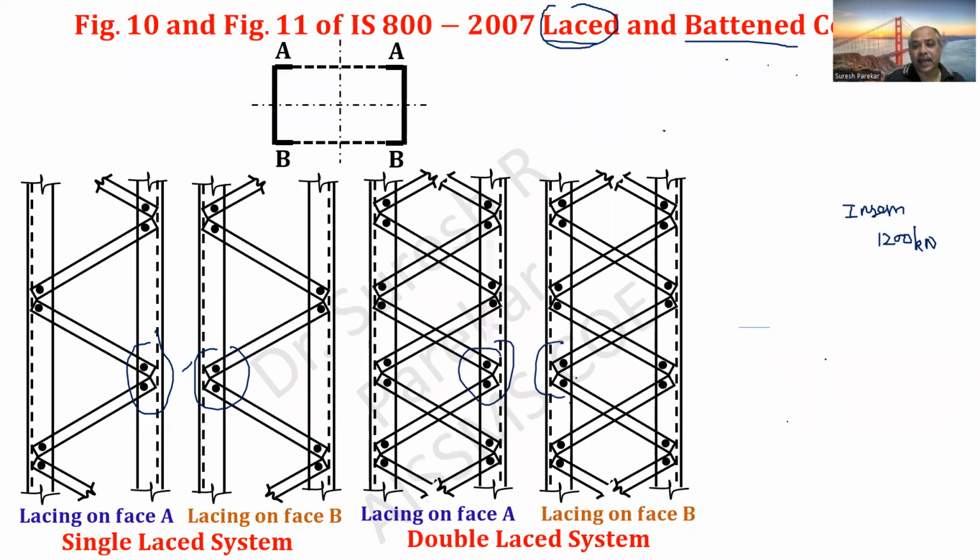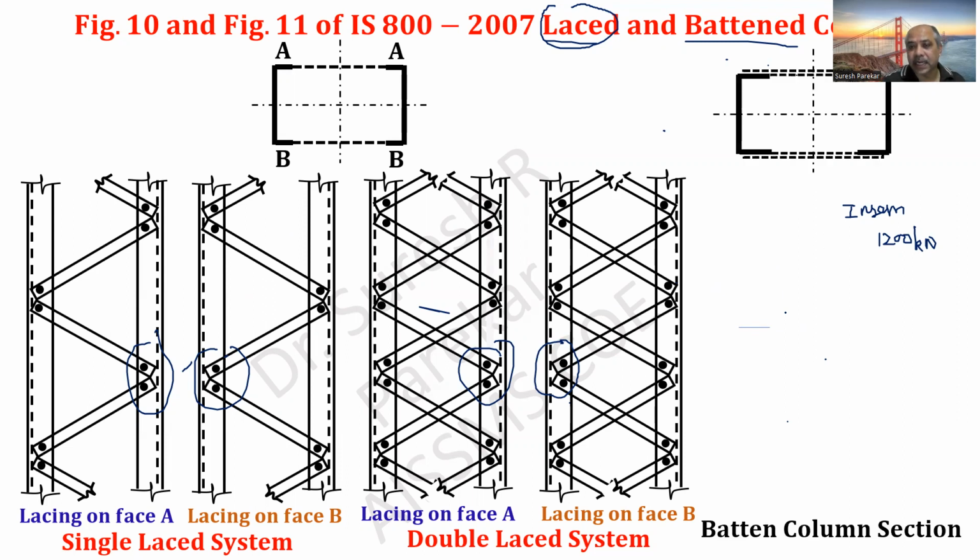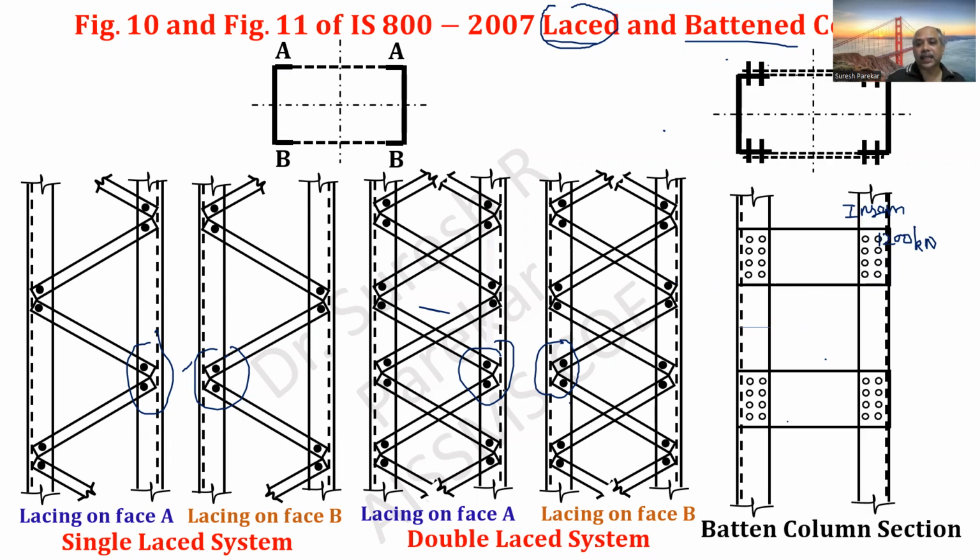Then you should know all the criteria, what will be the width, what will be the thickness for batten column, single, double, for your single lacing, double lacing, batten. So go and see the design steps of this, and the criteria for design of batten column in detail. I will not go into this, but you should be in a position to know all the steps and all the clauses which are related to your laced and batten column.